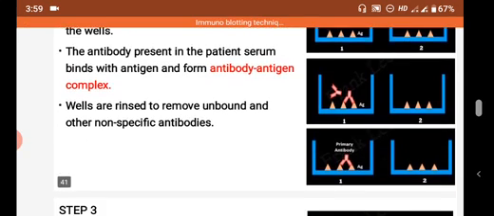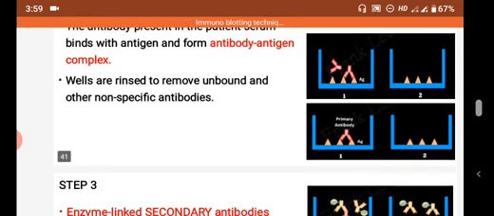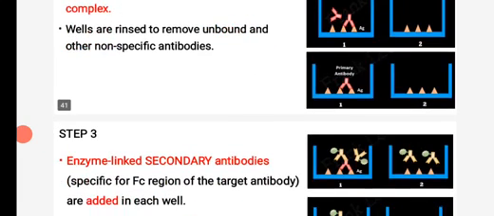Then again wells are rinsed to remove unbound and other non-specific antibodies.